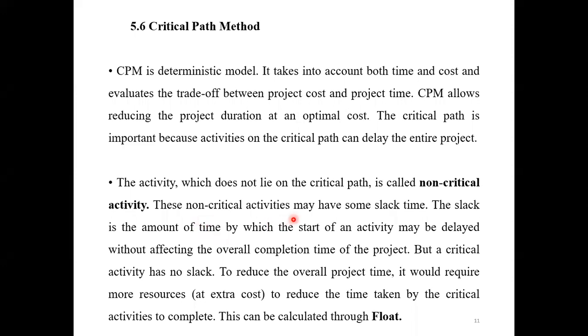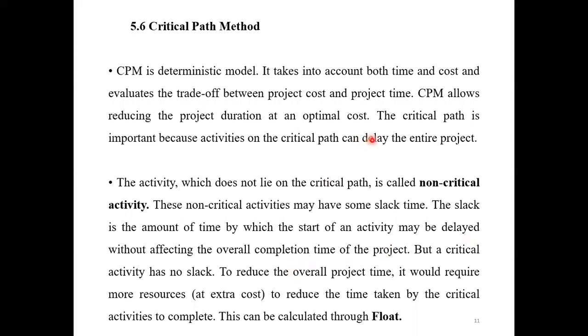These non-critical activities may have some unused slack time. The slack is the amount of time by which the start of an activity may be delayed without affecting the overall completion time of the project. So in the non-critical path, we assure the slack time, meaning an activity may be delayed without affecting the overall completion time.